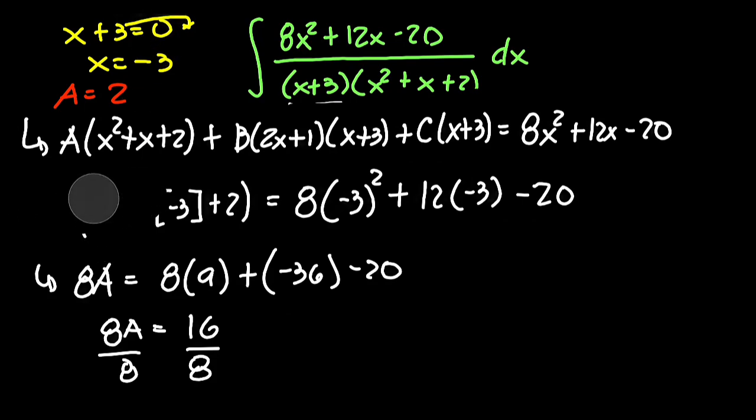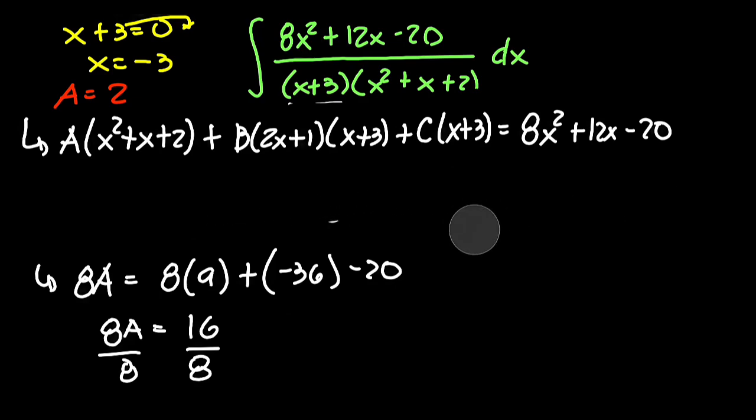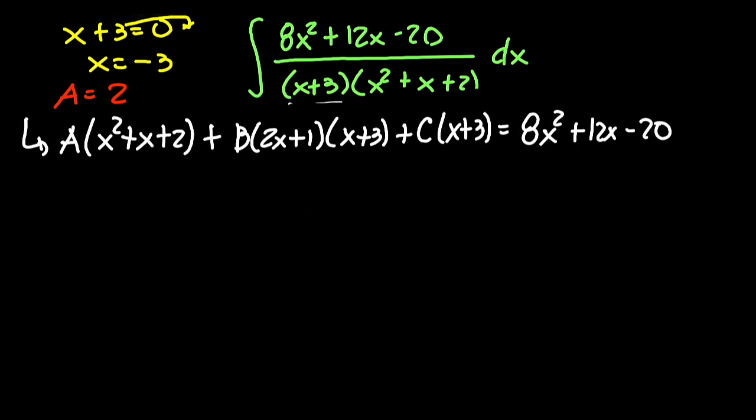Now that we have our first variable here, since what we're dealing with next for our second term is an irreducible factor, we cannot simply equate this to x and substitute again. It simply cannot be.